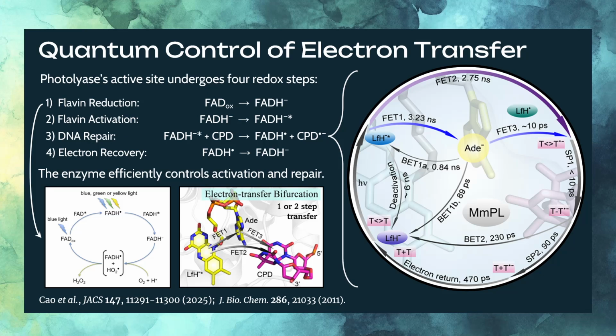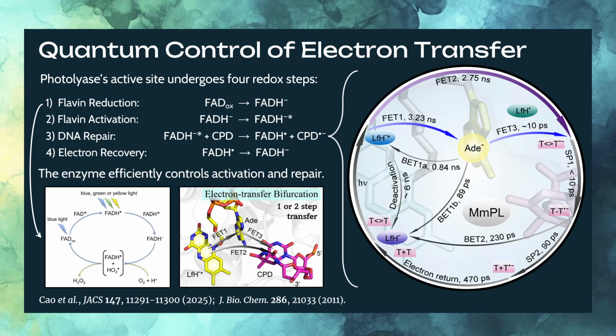And so after photoactivation, there are different forward electron transfer steps that can occur, labeled FET1, FET2, and FET3. And if you now just take a step back and look at this process, it requires forward electron transfer to the DNA lesion on the right-hand side, clockwise around the circle, and back electron transfer, continuing that clockwise motion.